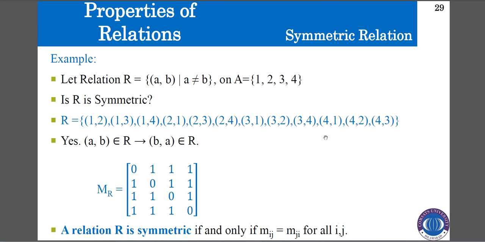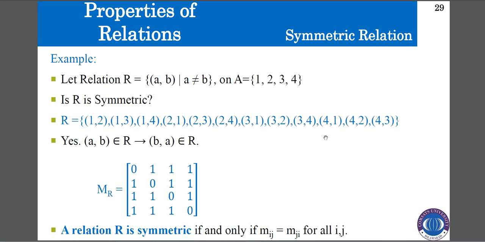For the second pair (1,3), we also get (3,1), and for the third pair (1,4), we also get (4,1) in this relation.